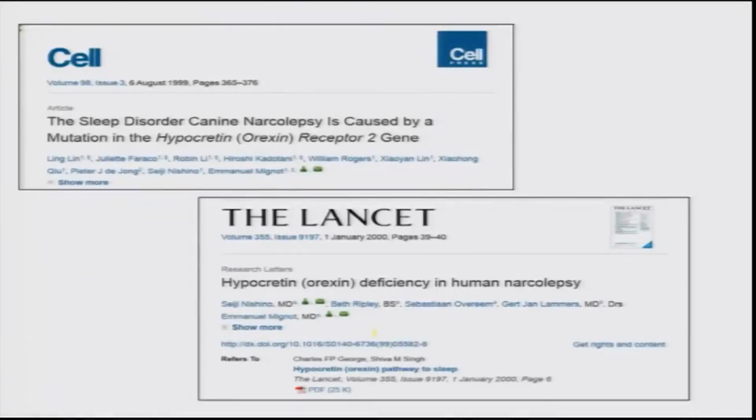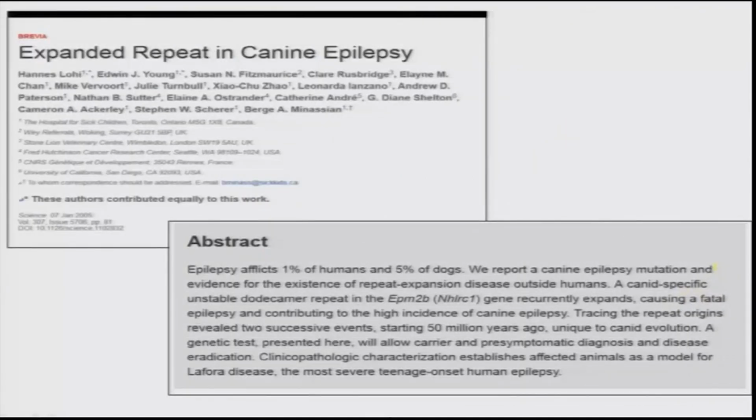That's why the dog species have been extensively studied, and it has led to a large number of discoveries which could have implications even in humans. For example, one landmark study identified a sleep disorder that affects dogs, and later the same gene mutation was known to cause the same disorder in humans. So it really helped.